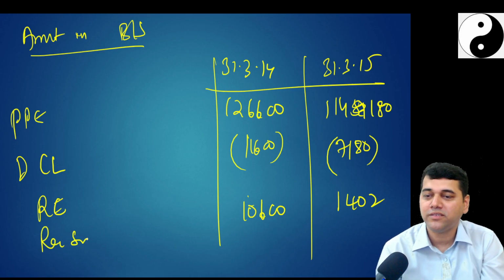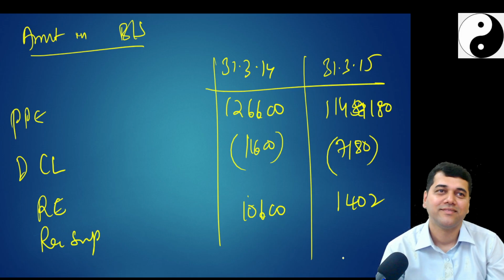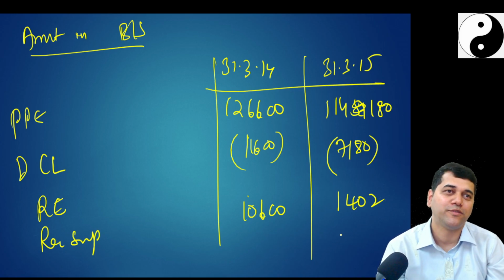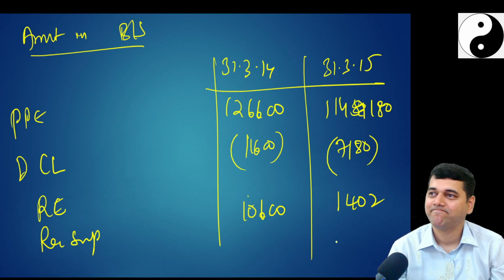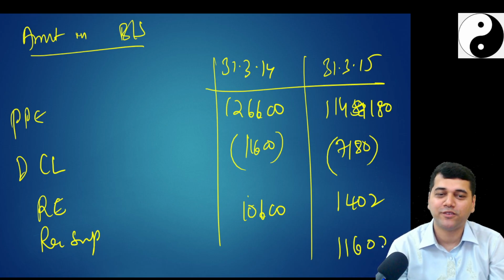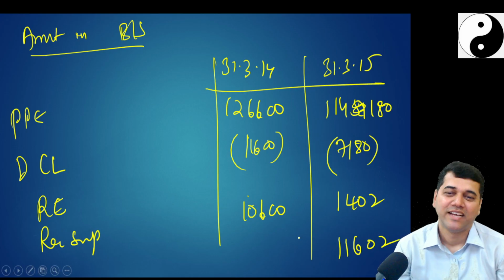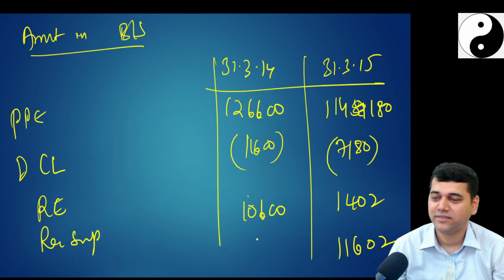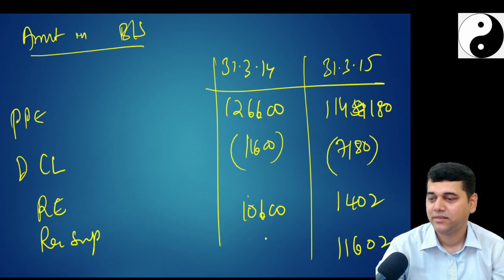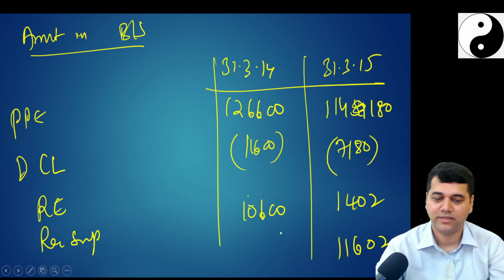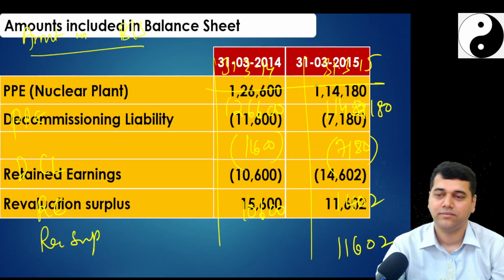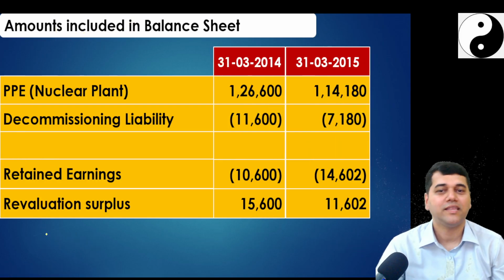And revaluation surplus? 31st March 2015? I will tell you, 11,602. What is my revaluation surplus on 31st March 2014? $15,600. Nice question.